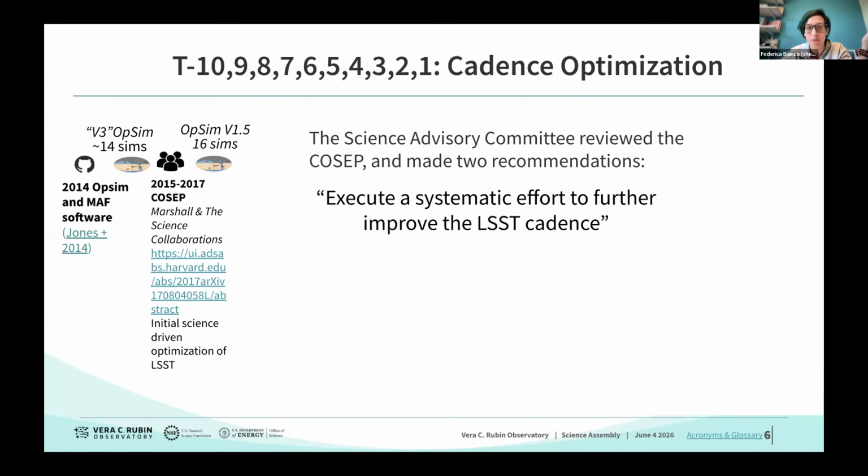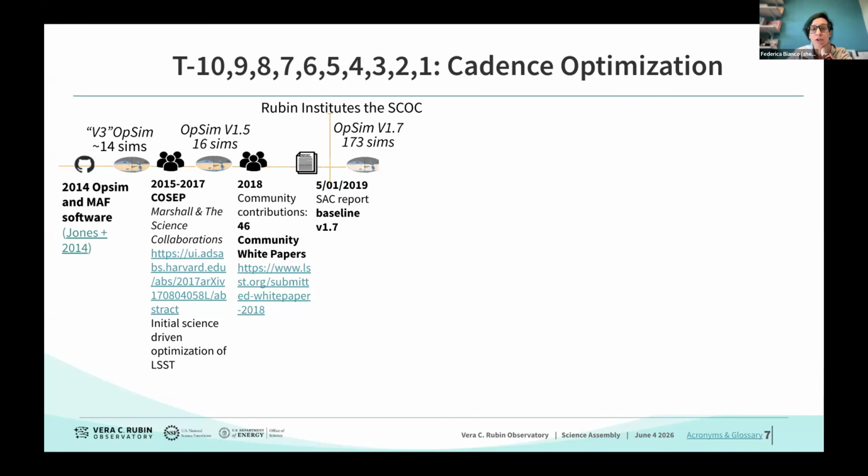Many versions of the OpSim later, we can produce simulations much faster than we could then. So the Science Advisory Committee advocated for executing a systematic effort to further improve the LSST cadence, which continued with open calls for community contributions. In 2018, we received 48 community white papers. These included hundreds of scientists, so we massively expanded the number of people interacting with the system to provide survey cadence recommendations.